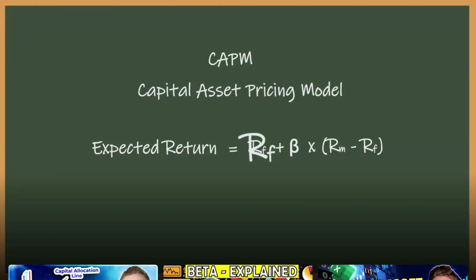So by using this formula, we calculate the expected return for different investments, and then we choose the investment options that give me the return as per my expectations. And by doing all this, we make a good portfolio.